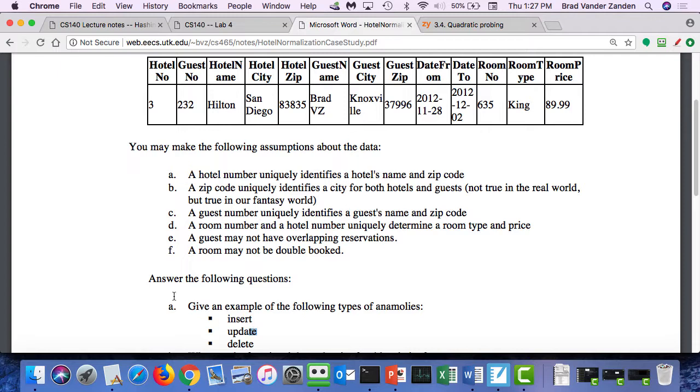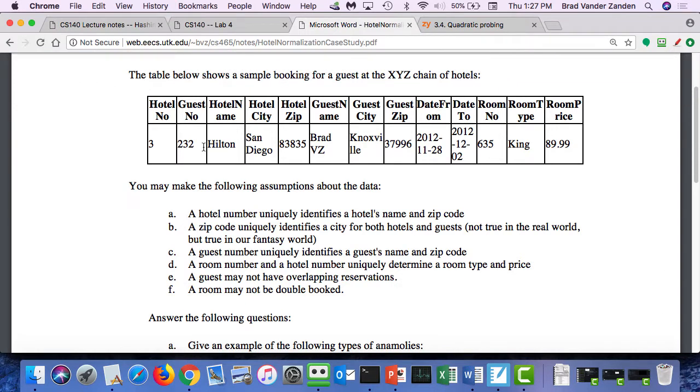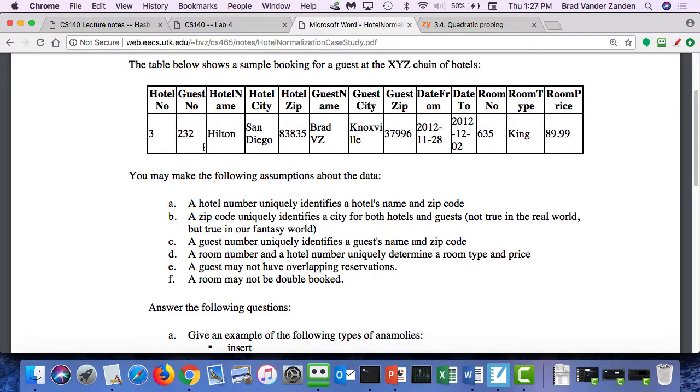If you remove all the reservations associated with that hotel, you will lose all information about that hotel. Similarly, if you remove all reservations for a particular room in a hotel, you will lose all information about that room. So anytime you identify an insert anomaly, you have also identified a delete anomaly.